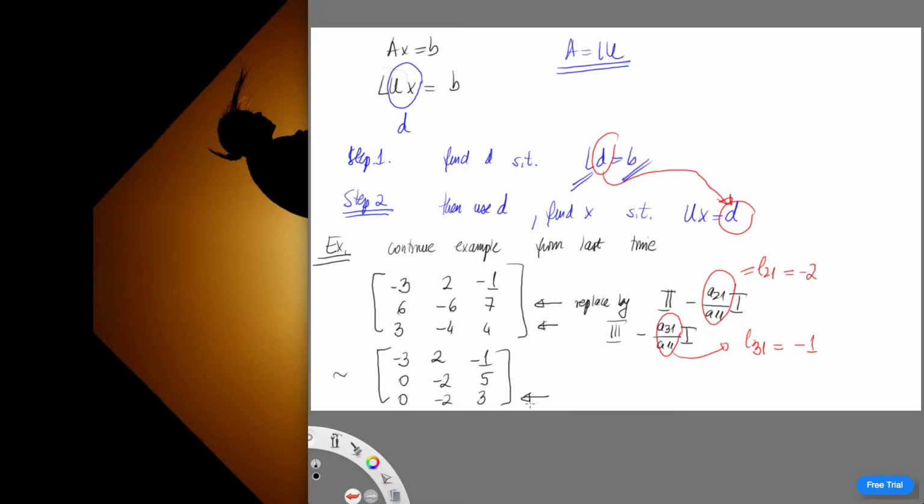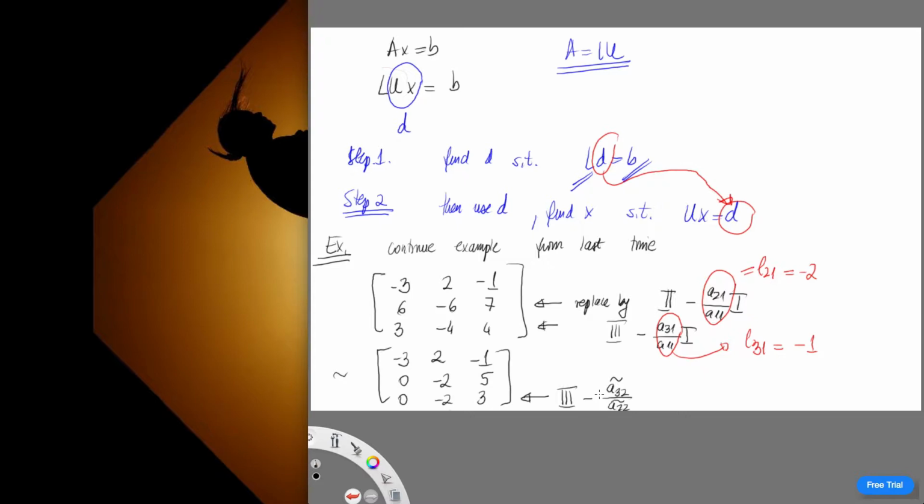Again, I'm going to be careful about applying the same rule, so I'm going to replace the third row with 3 minus, this is now A32 over A22. I'm going to put a tilde because it's different from my original matrix. I can't just go to my original A, because these positions are now after some modification.